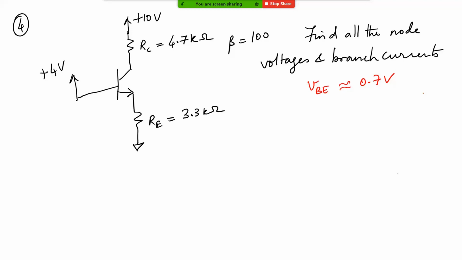Sir, VC is 5.3 volt. Which one? VC. Yeah, that is right.